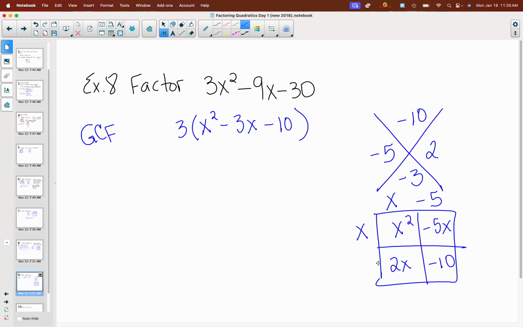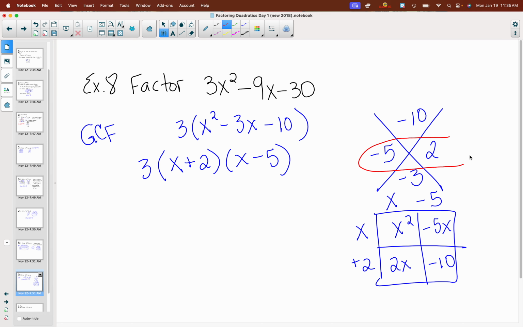And so I get that. So my answer, 3, and then I have x plus 2 and x minus 5. So I want you to notice this. X plus 2, one of them was a 2, x minus 5, one of them was a 5.